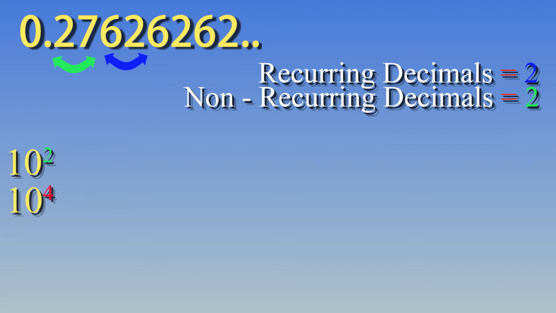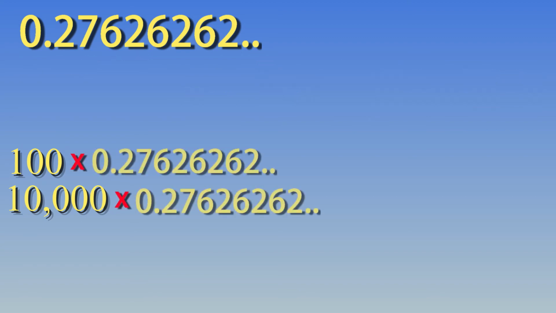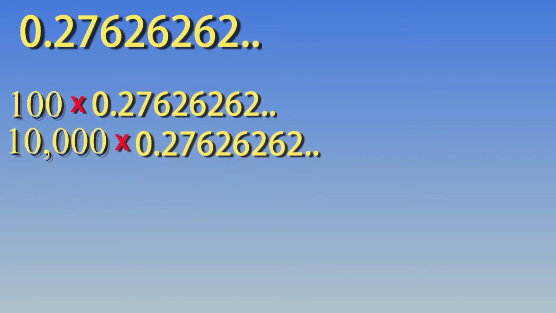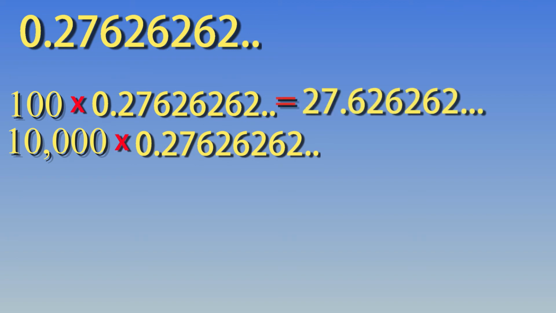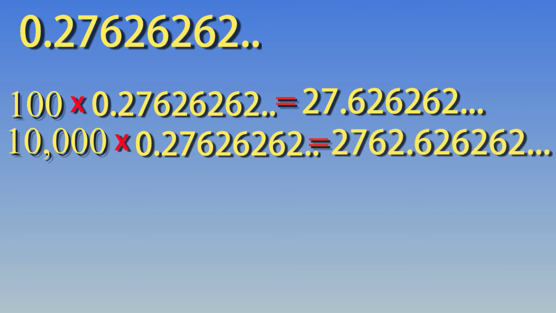Now, with this 10 to the power of 2 and 10 to the power of 4, which equals 100 and 10,000 respectively, we multiply them both by the recurring decimal. And this gives us two equations. 100 times our recurring decimal, which gives us 27.62 recurring, and 10,000 times the recurring decimal, which gives us 2,762.62 recurring.